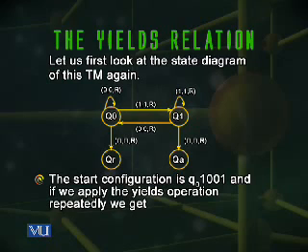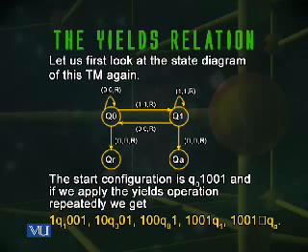Now, if we apply the yields operation repeatedly, what do we get? Well, let's see, delta of q0, 1 is q1, 1, R, which means the machine is going to move right, and it's not going to change the symbol 1, but it's going to change its state to q1. So the new configuration is going to be 1 q1 001. After that, the machine is in state q1, so we go and look at the delta function and see what is delta of q1, 0.